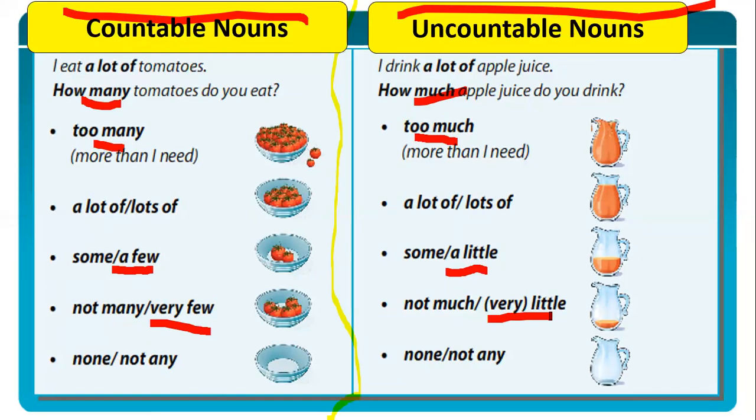For the things that I count, I say many. Many is like mucho in Spanish. Much is like mucho in English. But how many? Is it for countable or uncountable? Countable. Okay. And how much? Uncountable.